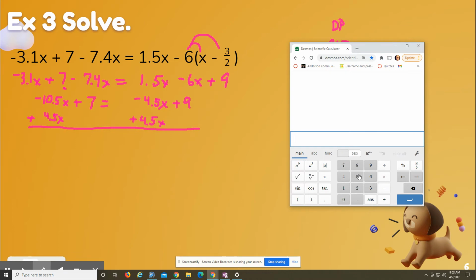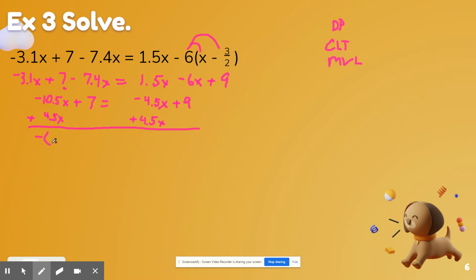We're going to do negative 10.5 plus 4.5, which comes out to be negative 6. X comes with it. Plus 7 drops down. Equal sign drops down. We know these cancel. And then the 9 drops down.